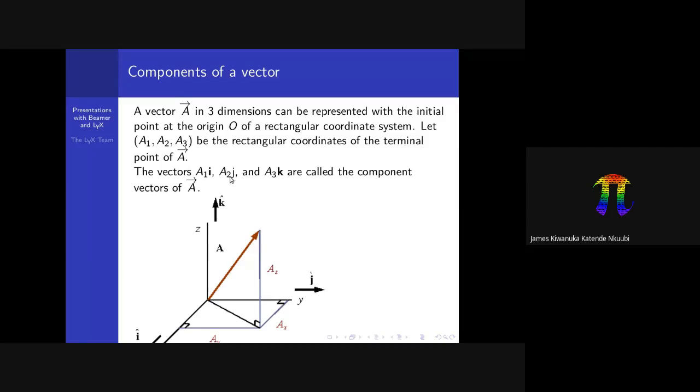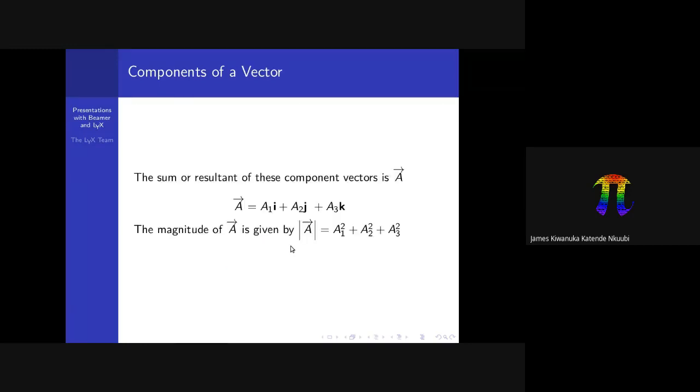The second coordinate becomes the coefficient of the unit vector j, and the third coordinate becomes the coefficient of the unit vector k. So this vector A will be written as the sum of these vector components.